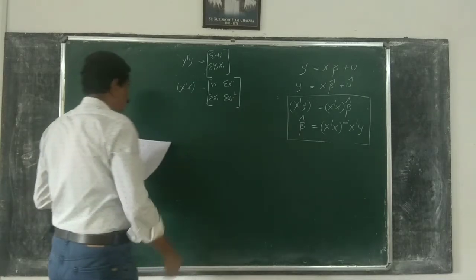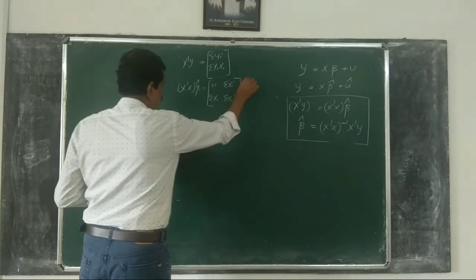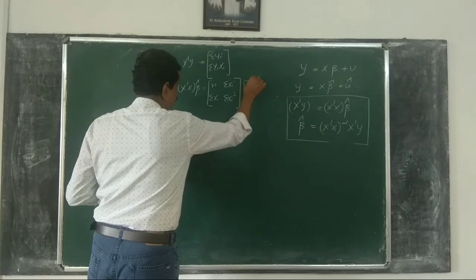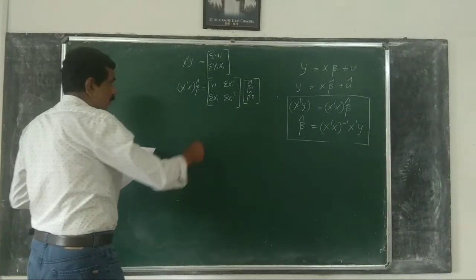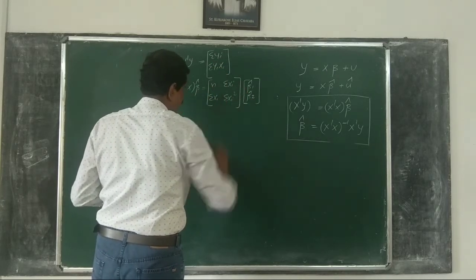And x transpose x beta hat is equal to beta 1 hat, beta 2 hat. Now, this is x transpose y, this is x transpose x beta hat.